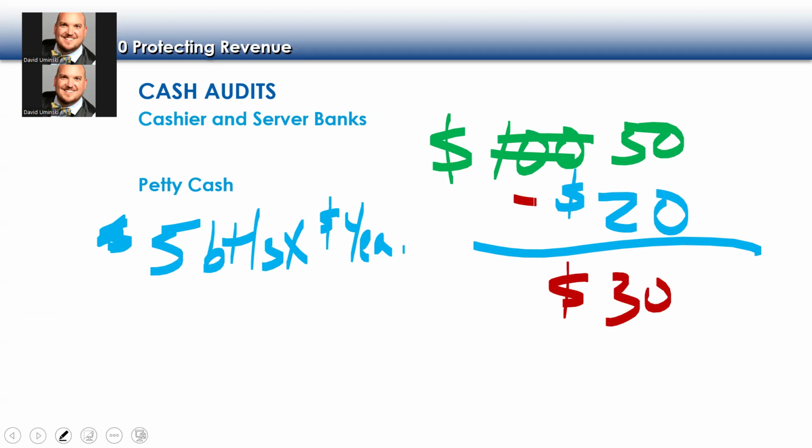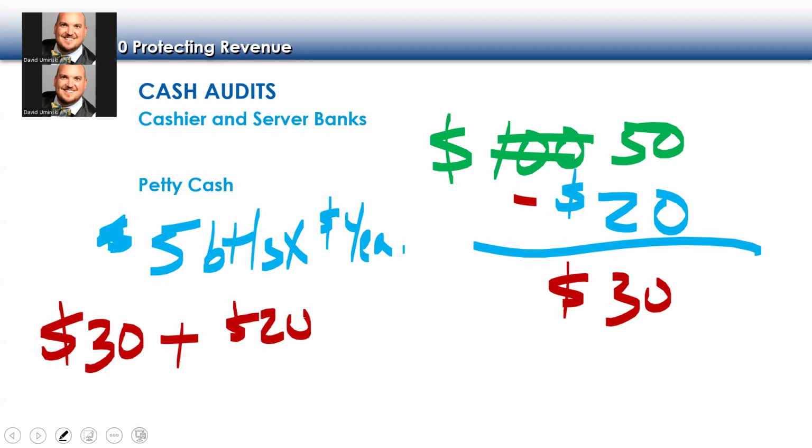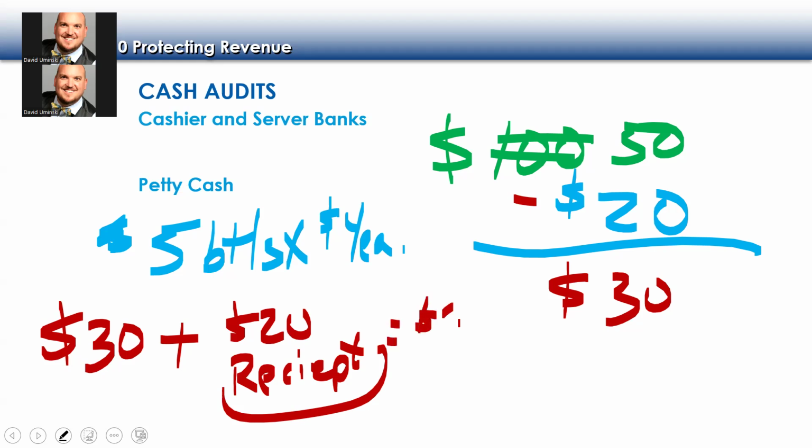So when Robbie comes back to the restaurant, he's going to give me the $30 plus the $20 receipt. And this receipt right here is basically equal to cash. So when Robbie gives me back that $30 change and the $20 receipt, that's the $50 that I gave him.